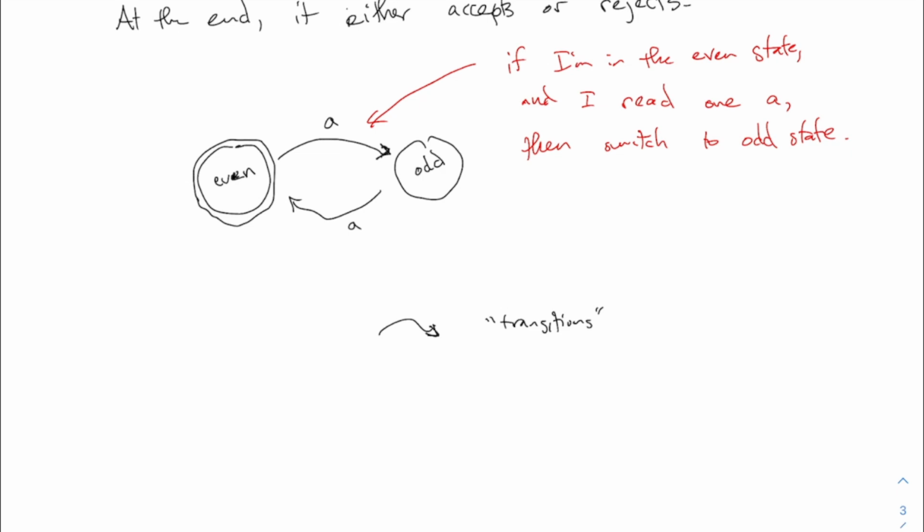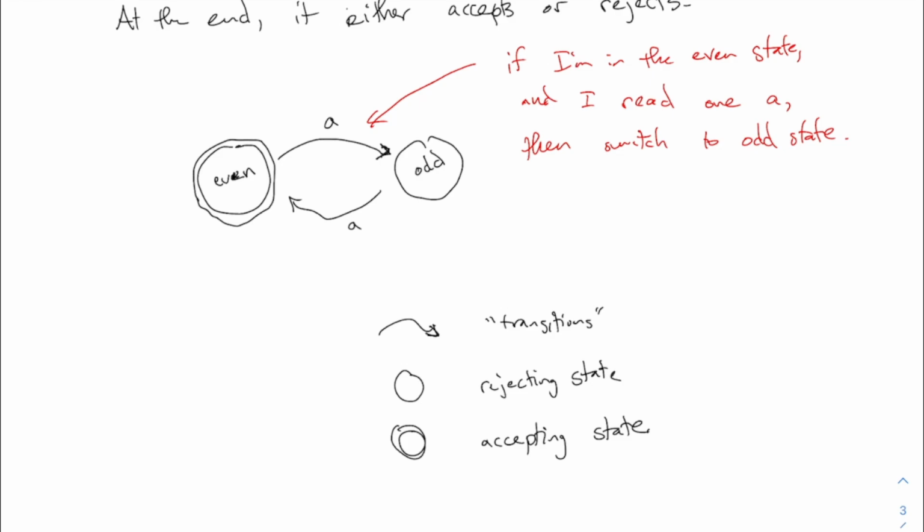A circle with only one outline is called a rejecting state. And a circle with two outlines is called an accepting state. So if your machine ends up in a rejecting state, then the final answer is the string is rejected. And if this machine ends up in the accepting state, then the final answer is that the string is accepted.